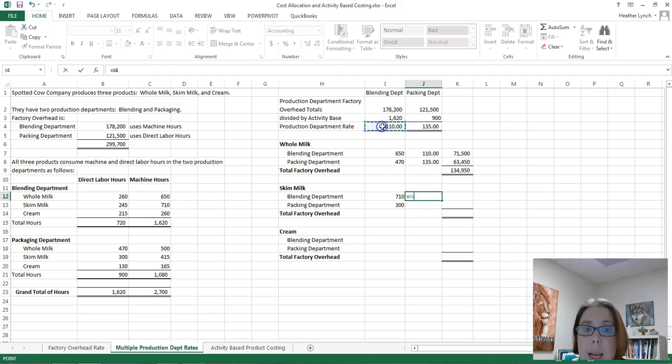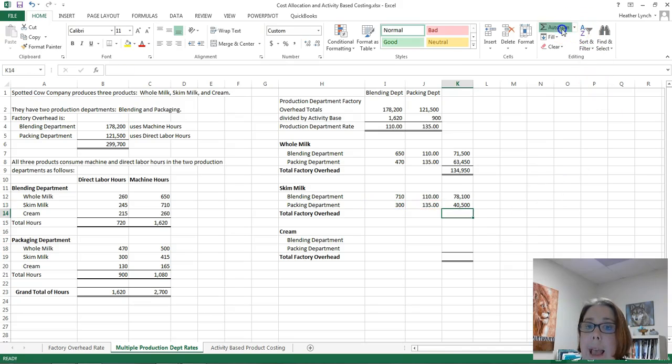Again, we have our rates for blending that we figured out above. So then we can just multiply these across. We can add them together, and that gives us our total of $118,600 for total factory overhead for skim milk.